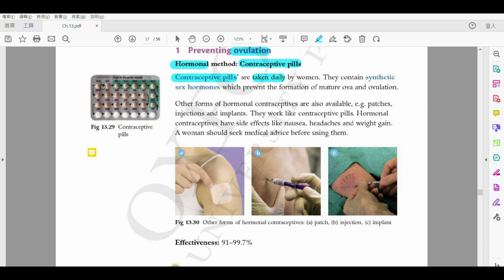So contraceptive pills are taken daily. So every day, if you want to prevent yourself from releasing an ovum, you start from here. You can see the green area, right? So you start from here, and then each day you eat 1 contraceptive pill, and then you continue until you reach this white pill. So what exactly is this white pill? There is no more drug inside.